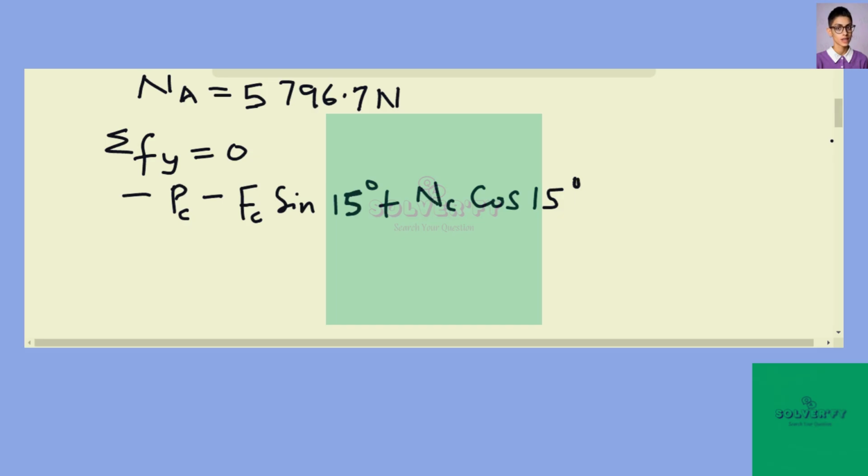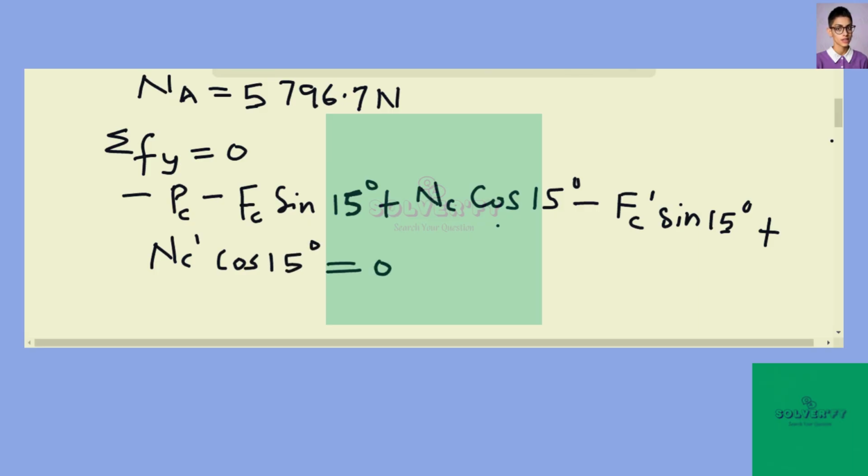minus FC prime sine 15 degrees, plus NC prime cos 15 degrees, equal to 0.